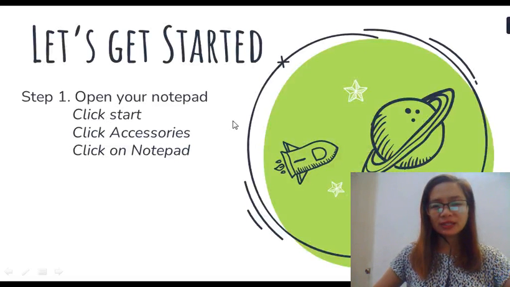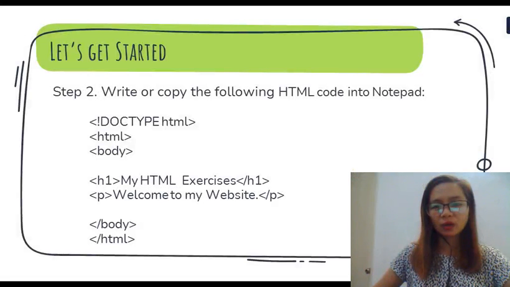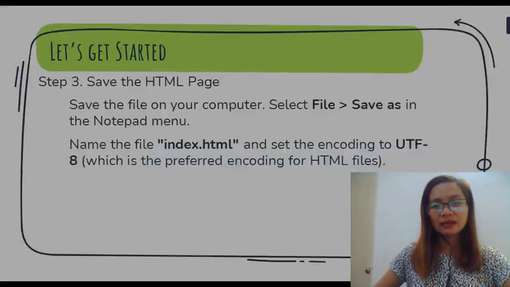Okay, so I will discuss first the steps on how to encode and view your HTML code, and later we will have a demo. So step 1, open your Notepad, go to Start, click Accessories and click Notepad. After which, you write or copy the following HTML code in your Notepad. Okay, you may take a screenshot, but then it is written in your module, so you may refer to your modules.